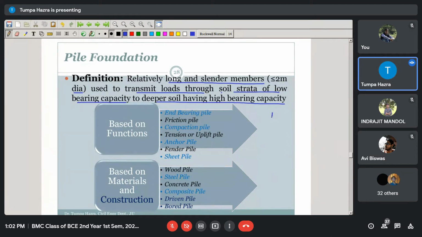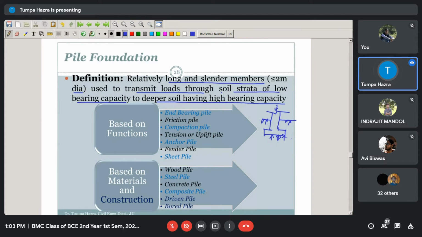Okay, for example, let us consider this is the picture of the footing, and this is the ground level. Now the bearing capacity of the soil near the ground surface is not so high to support the excessive load of the building as a mat foundation or isolated foundation.